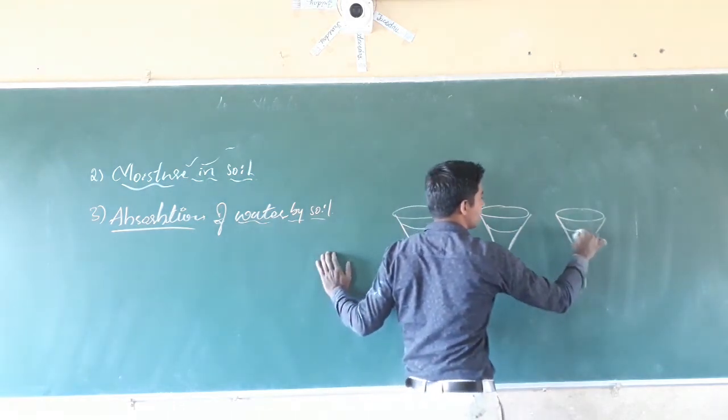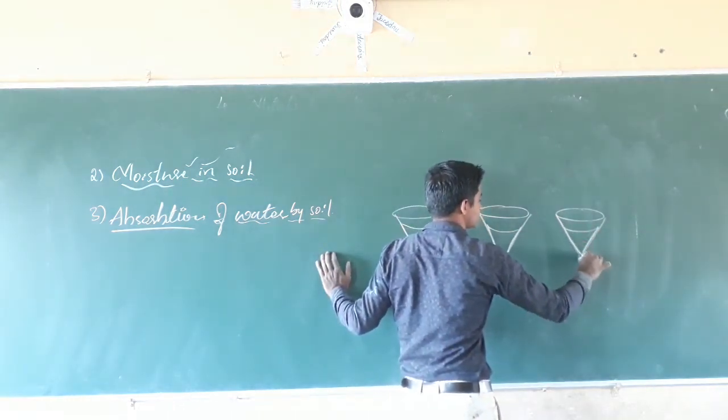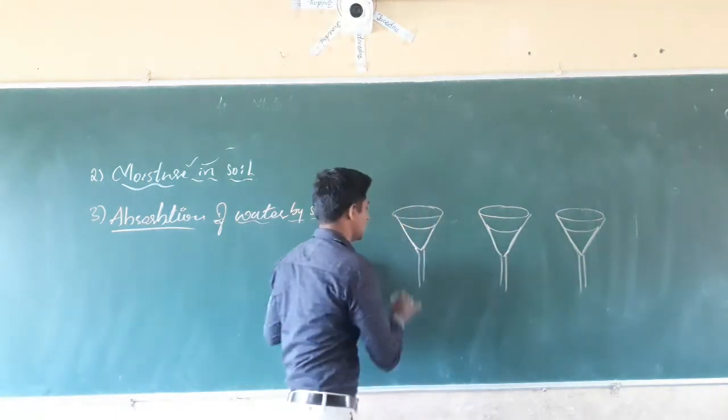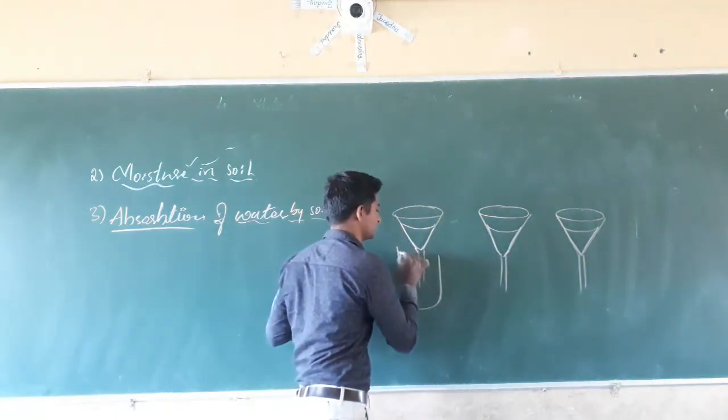We have to make the filter paper funnel-like in structure, and we have to keep three beakers.